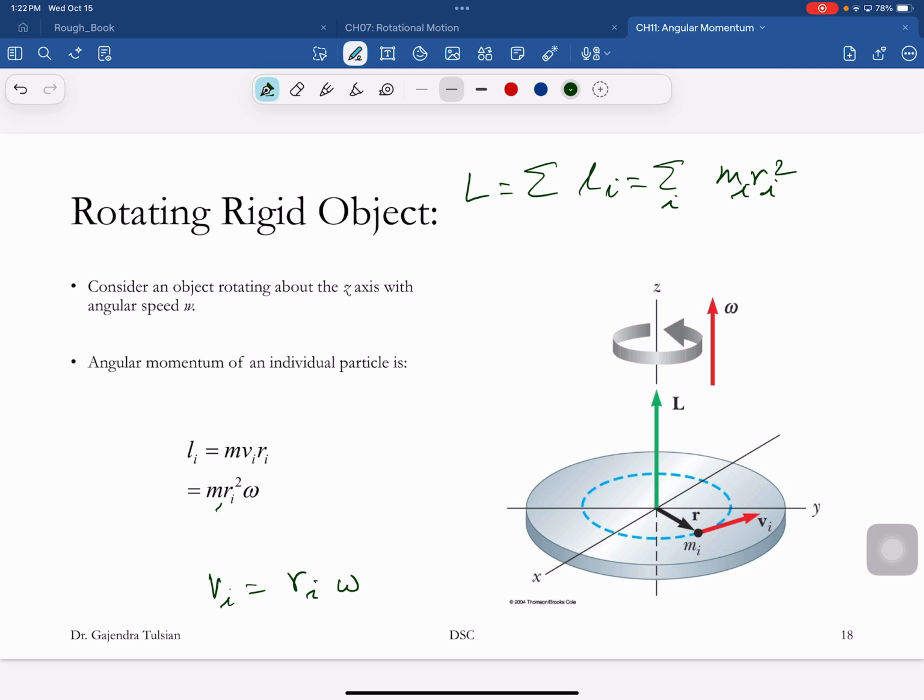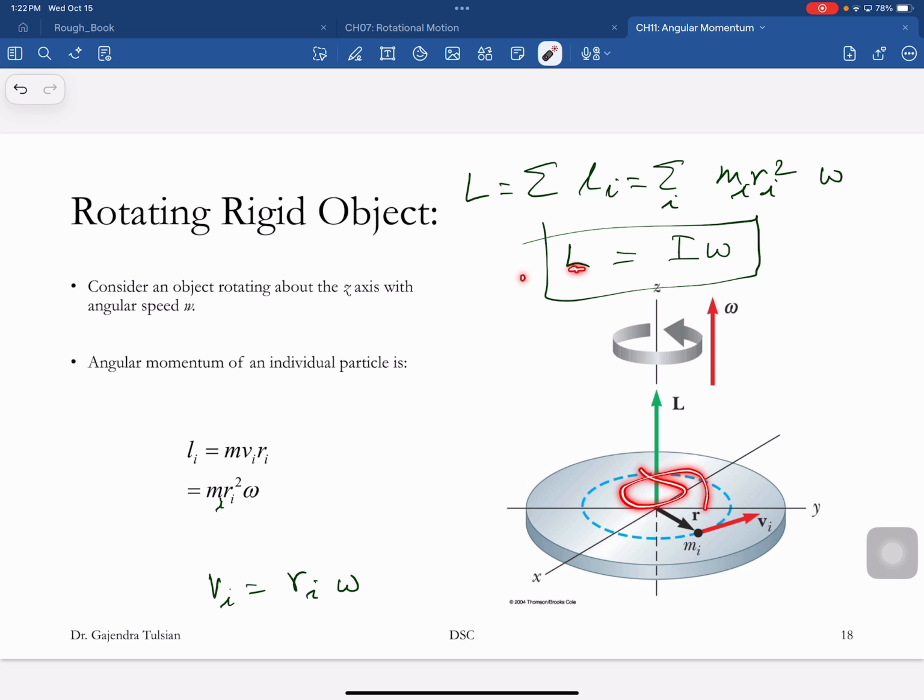So that should be the sum of m_i r_i squared omega. But this is just the moment of inertia of the object. So the angular momentum of this rigid object is I, the moment of inertia of that object, times the angular speed.